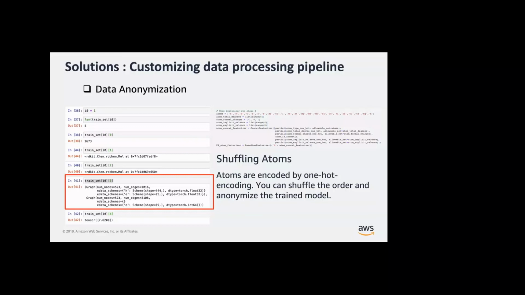By doing so, the trained graph neural network only works with the atoms in the right order. Once you change the order, as long as you know the order, you can use the trained model for inference. But if you don't know the order, your model is basically nothing.